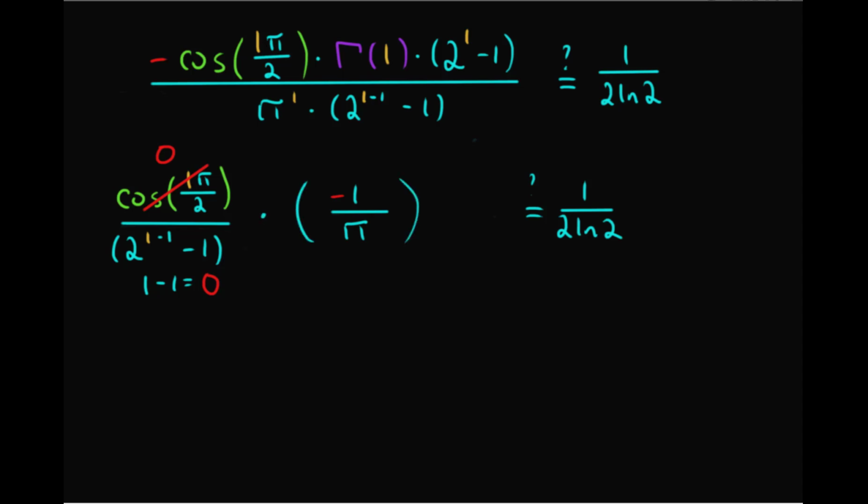Whenever we see a 0 over 0 expression, we know what to do. We use L'Hopital's rule to evaluate it. So let's do that here. We want to evaluate the limit as n approaches 1 of the expression cosine (n pi over 2) all over (2 to the n minus 1).